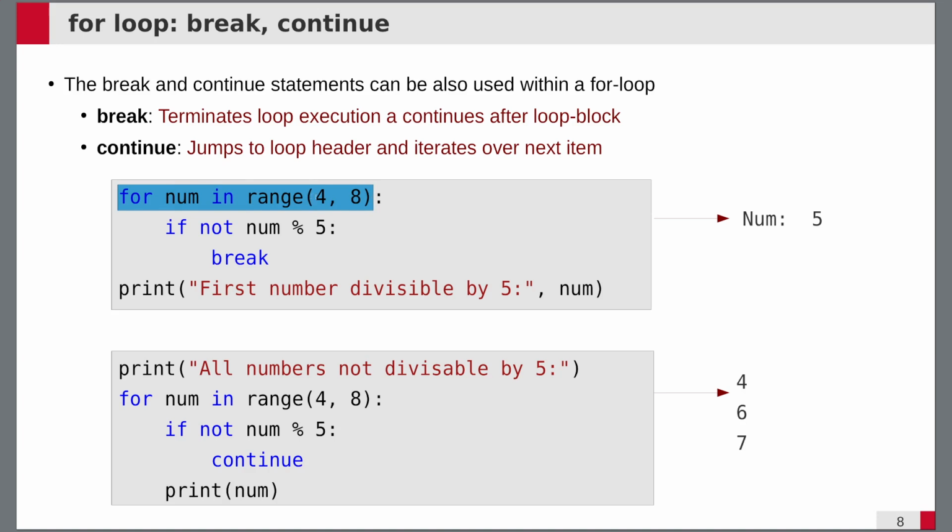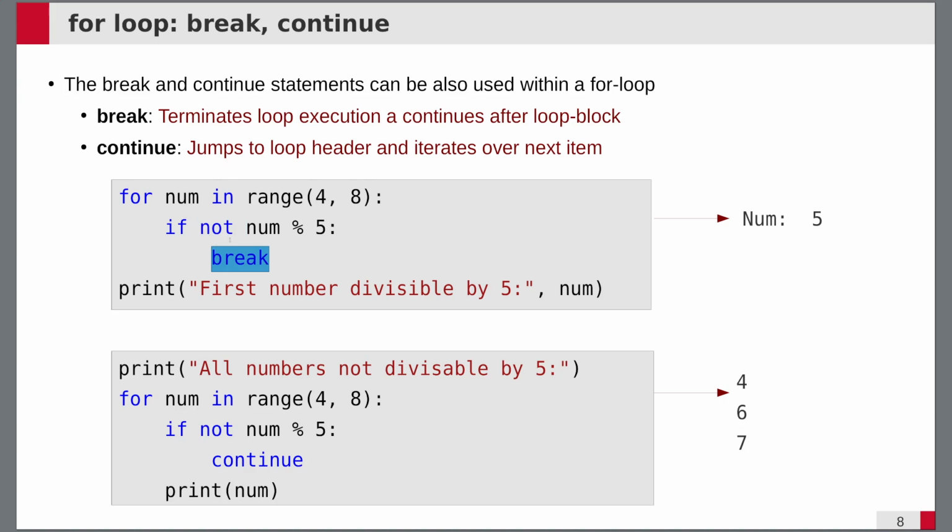That means we are starting with 4 and not including 8 anymore, so it would be the numbers 4, 5, 6, 7, and not the 8. Then I do the following. I say, if the division of the number by 5 gives no remainder, then I should break. That means leave the for loop, and this is exactly what it would do.